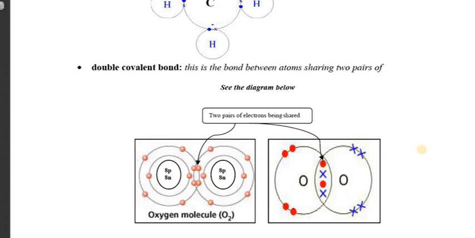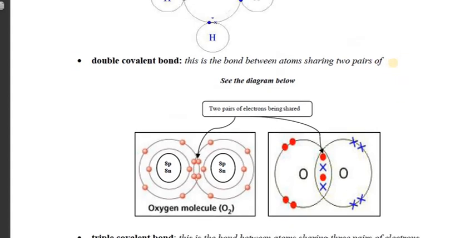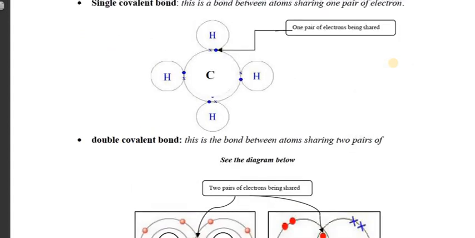Where you see a dot, that's where I'll be directing you. Okay, so a double covalent bond is between atoms sharing two pairs of electrons. 2 pairs of electrons being shared.